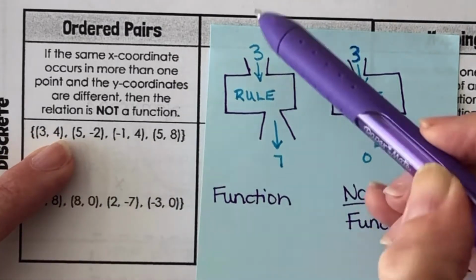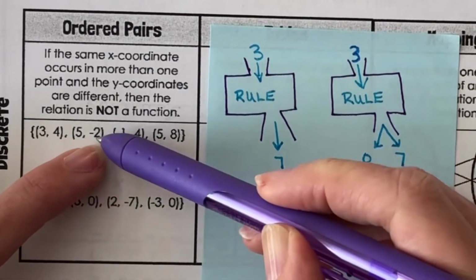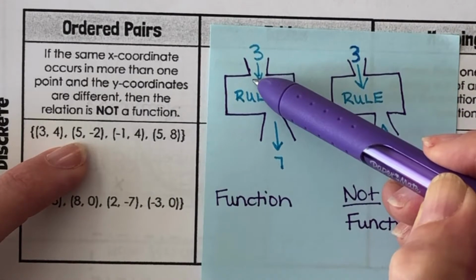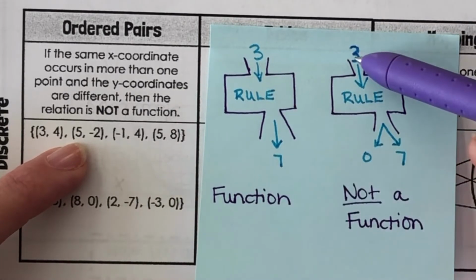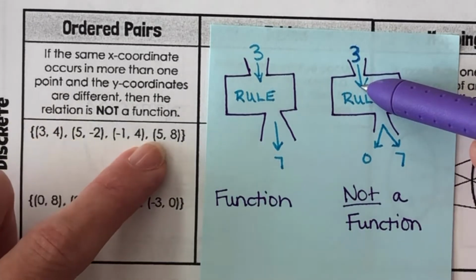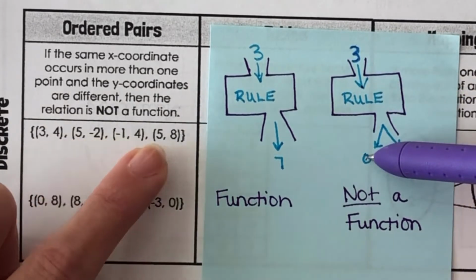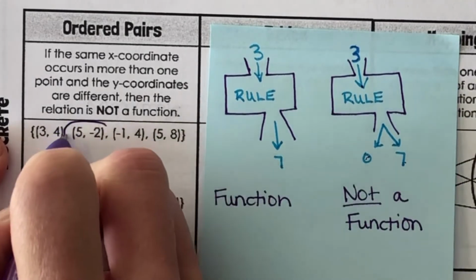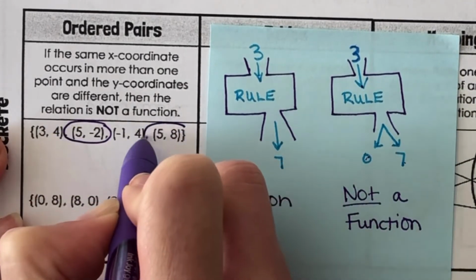I plop in a 5 and out comes a -2. Oh, but I notice in this one, I also plop in a 5 and I get an 8. So this is an example where I plopped in an input, in this case 5, and out came a -2 and an 8. That is not a function because of this.